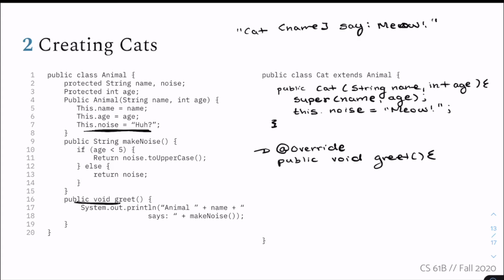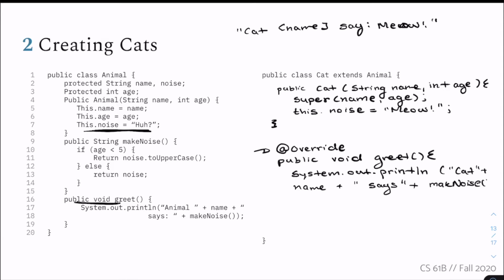We're printing something very similar to what we were printing before, except we will be printing System.out.println, I do wish that this was shorter sometimes, "Cat" plus their name plus the word "says" plus make noise, which will now return meow because we've changed the value of that variable.